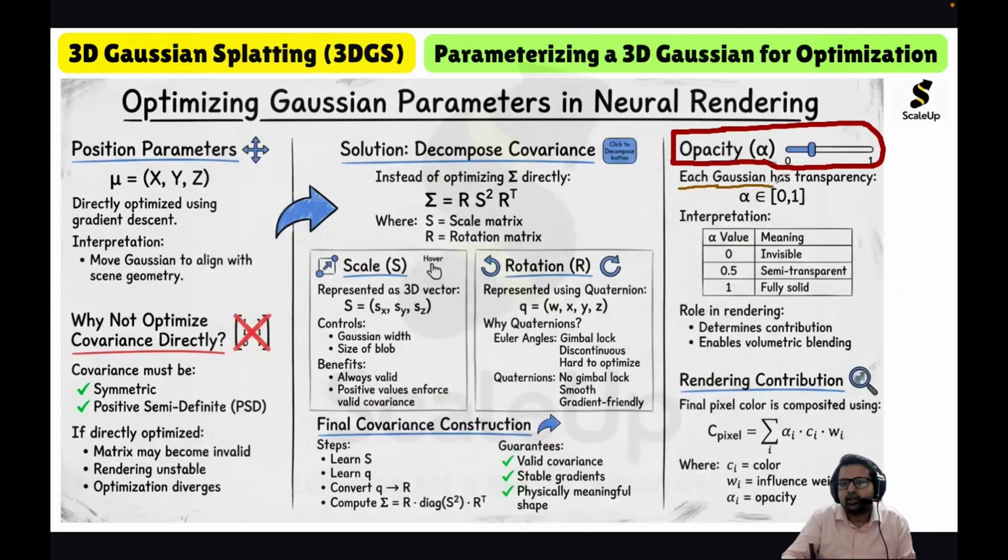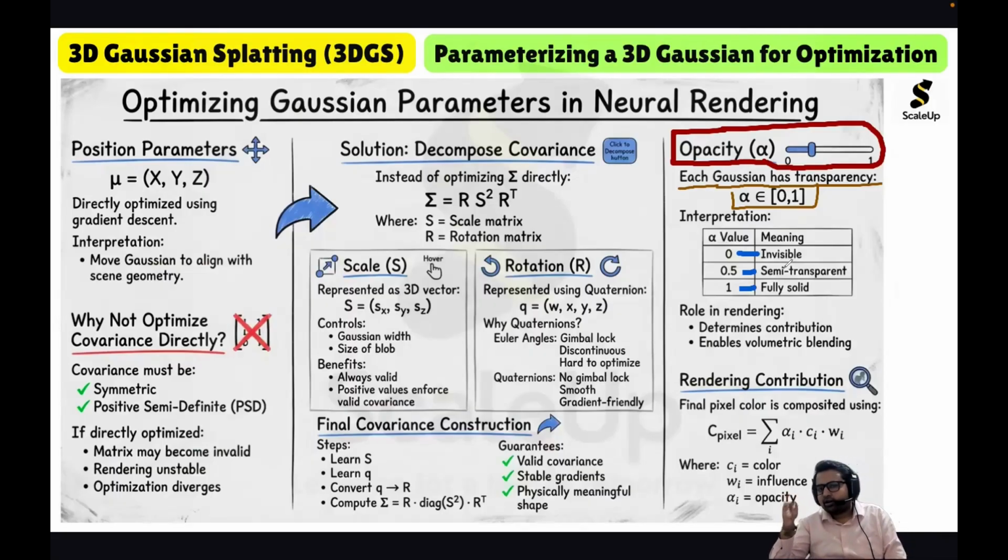Each 3D Gaussian has transparency, which is defined by this opacity, alpha. It is a number between 0 and 1, including 0 and 1. 0 means invisible, 1 means fully solid, which is fully opaque, and 0.5 means semi-transparent. 0 means fully transparent, and fully transparent means invisible.